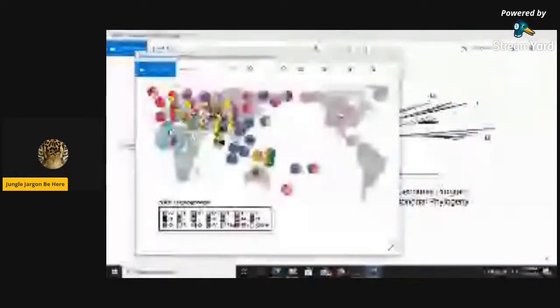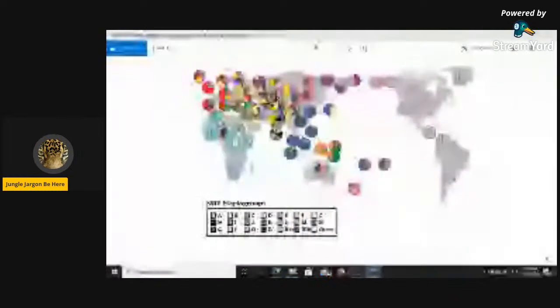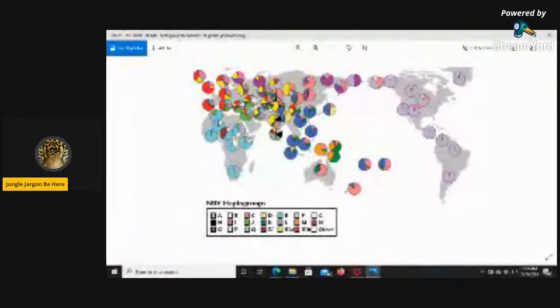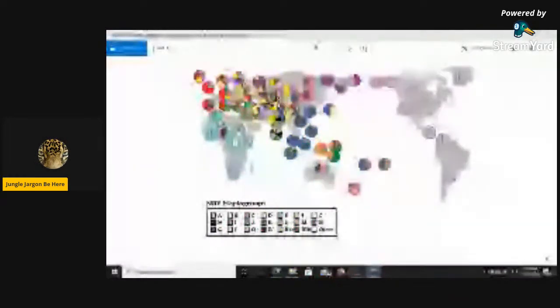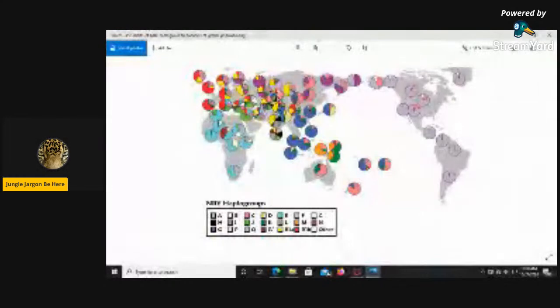Okay. This would be a pie chart of the Y chromosome, showing that the majority of the Y chromosomes are represented in this area where the ark landed, but they kind of migrated east. They're highly represented in these areas, and they're very much represented in these areas.